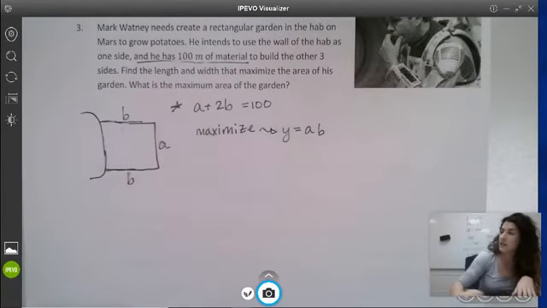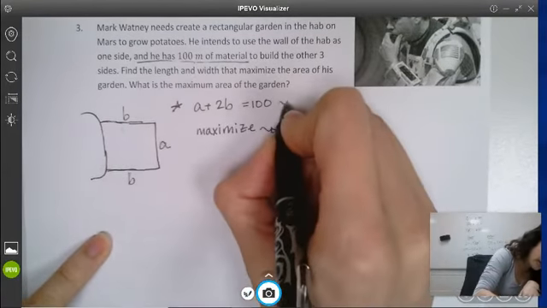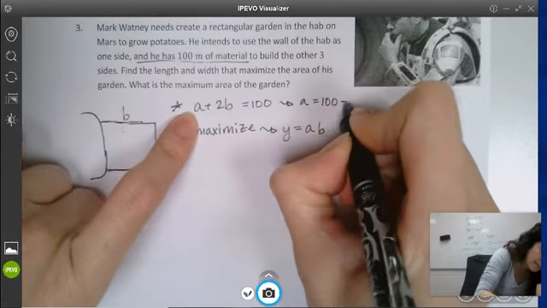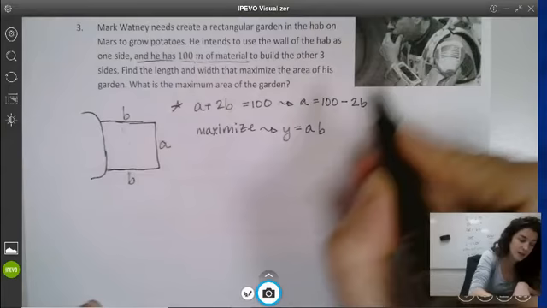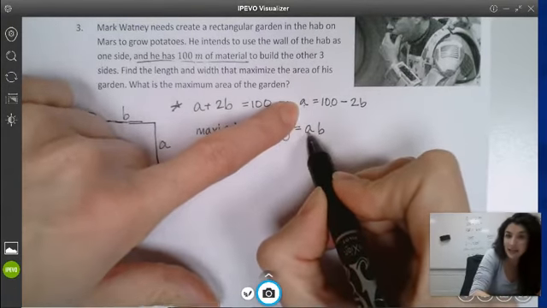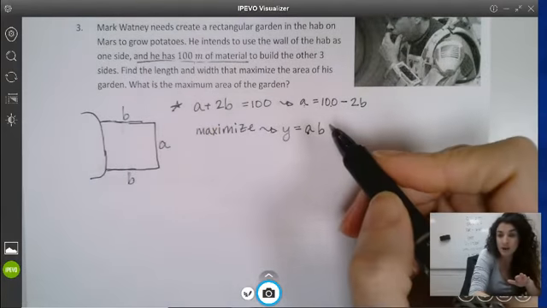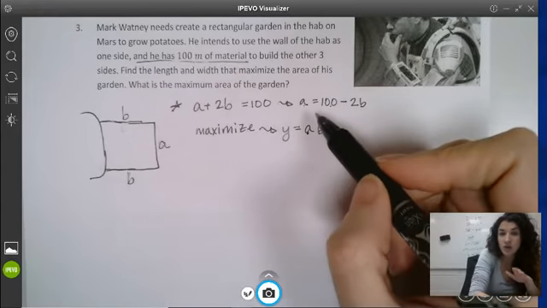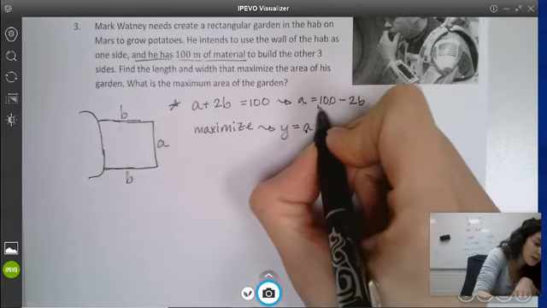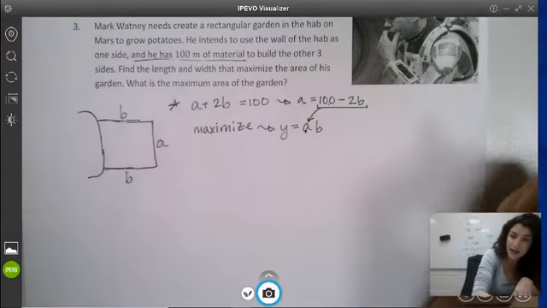So take a look. If I take this and isolate for a, I would get a equals 100 minus 2b. So then I can say, well, this a and this a are equal. They are the same. That is why I'm using the same variable. Only ever use the same variable in one equation when you're trying to talk about the same measurement. So that means that if these two are the same, I can plug this expression in for a.